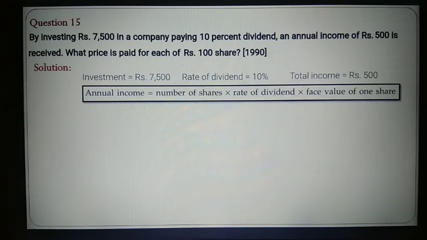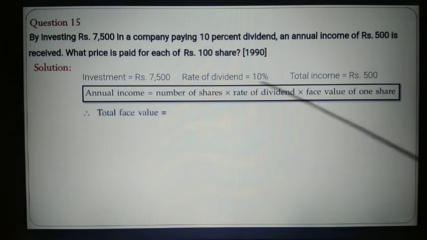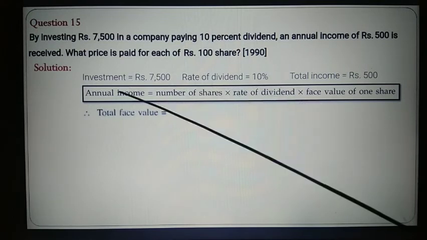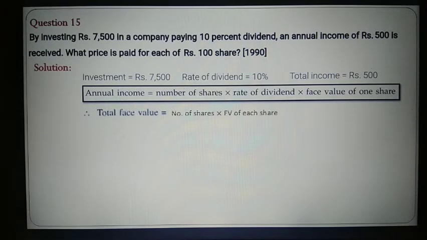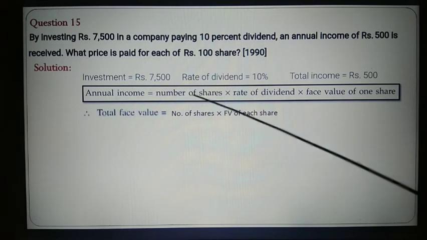So the total face value is going to be how much? It's going to be annual income, and if I take this to the denominator, then I'll have annual income by rate of dividend. As I said, total face value will be number of shares into face value of one share.